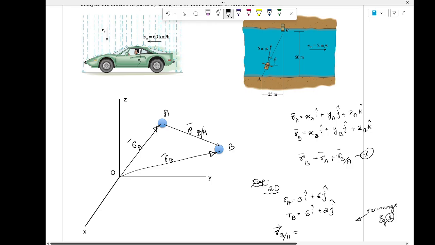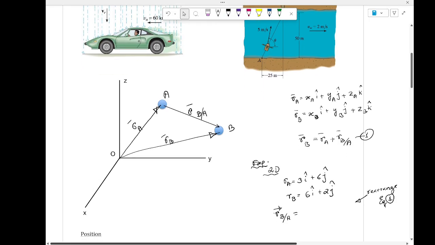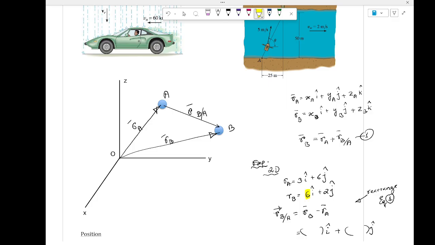First thing first, what I was saying: from equation 1, you can write this as RB minus RA. So what you should be doing, you have the RA and RB values. You should be putting the i, and in the parentheses, whatever the x coordinates are. So here, this is your x coordinate, and this is your x coordinate. Let's do a color code. So you'll have 6 minus 3.